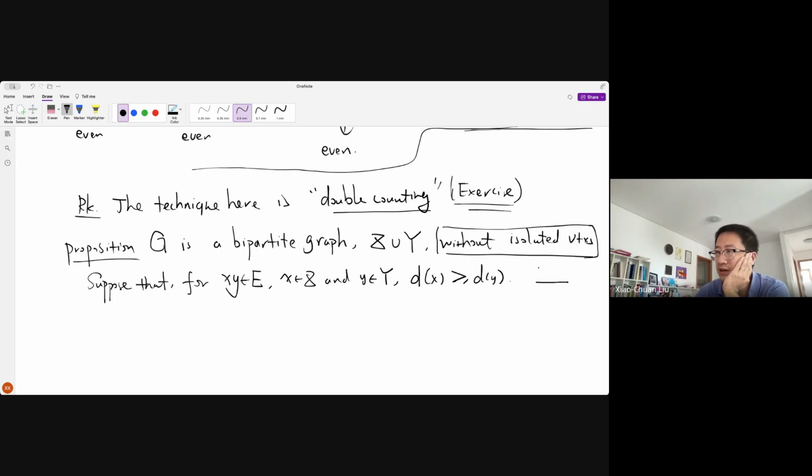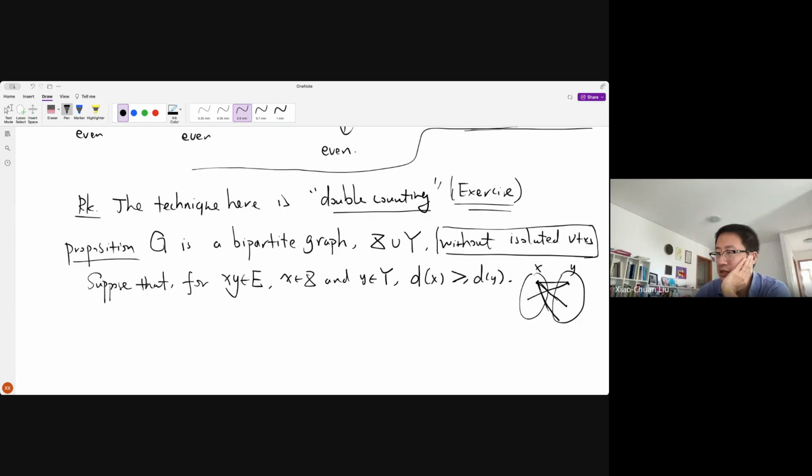If I observe an edge, here this is x, this is y, then the degree of x is at least the degree of y. So if this vertex x has 3 edges, for example, this vertex y has at most 3 edges. So this is a local condition. For every edge this happens.